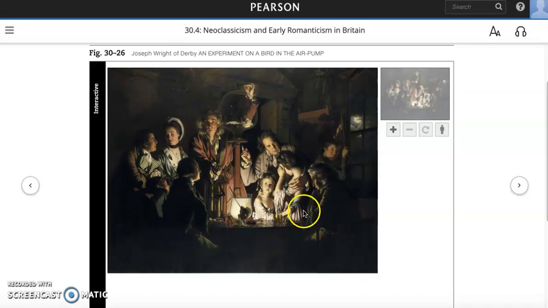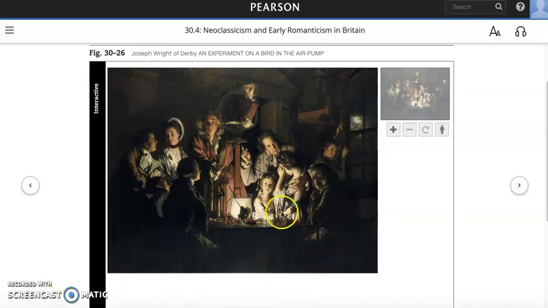It's not exactly a genre painting because science isn't really an event of everyday life. It's sort of a mixture of action portrait genre and romanticism that aims to surprise us and create a sense of mystery about the world we're living in.